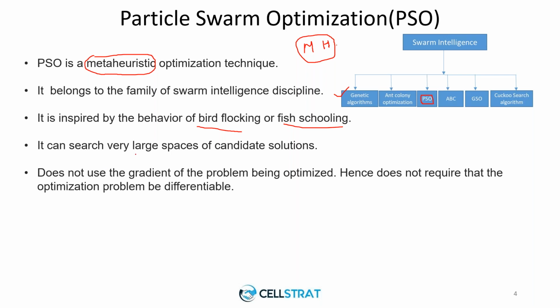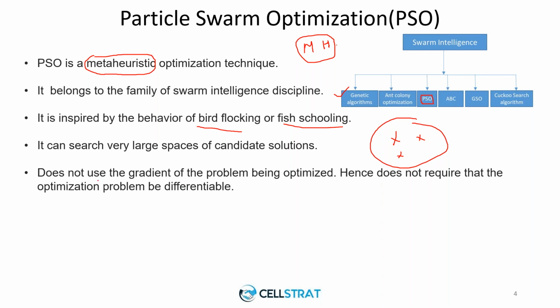Another advantage, or a feature of PSO, is that it can search very large spaces of candidate solutions. It simply means that if you have a very large number of solutions, it can easily search for the best solution out of it.